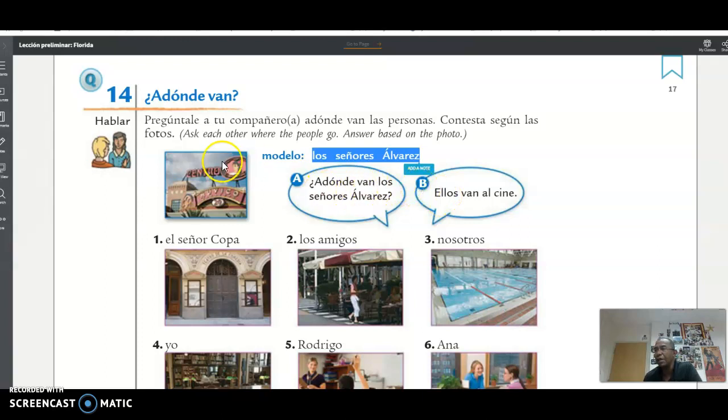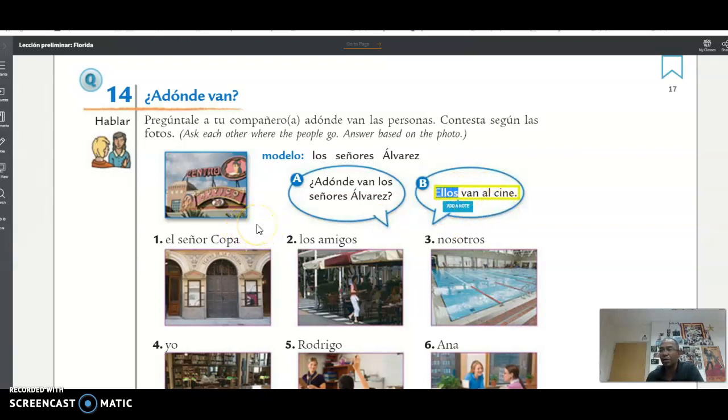And then the answer, because you have the picture right here, will be ellos. So you're going to replace los señores Álvarez with ellos. You're going to use the pronoun that goes with the name of the subject. Ellos van, and don't forget, a. And if you have a el together, al cine, ellos van al cine.